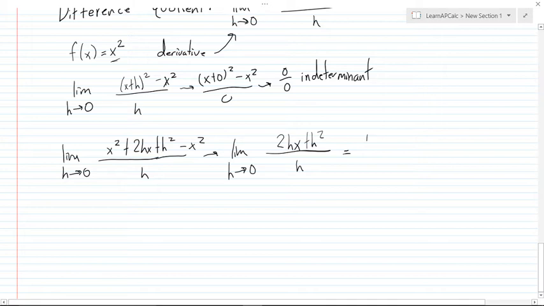So here, limit as h goes to 0, I can cancel out these h's, and I'm left with 2x plus h, or 2x. So that's the limit definition of the derivative of x squared.